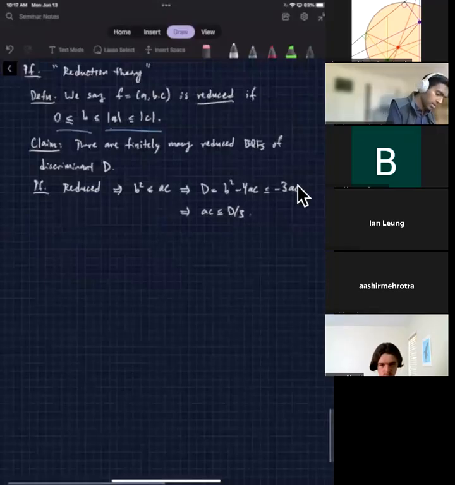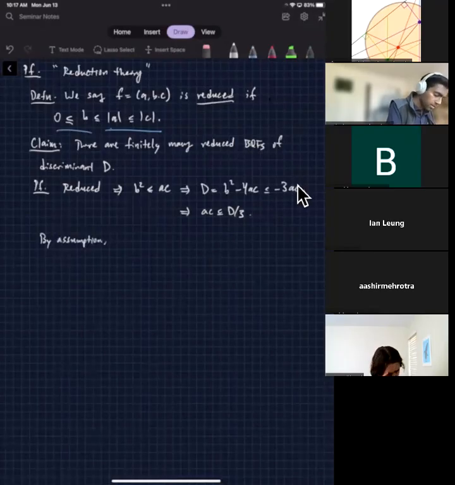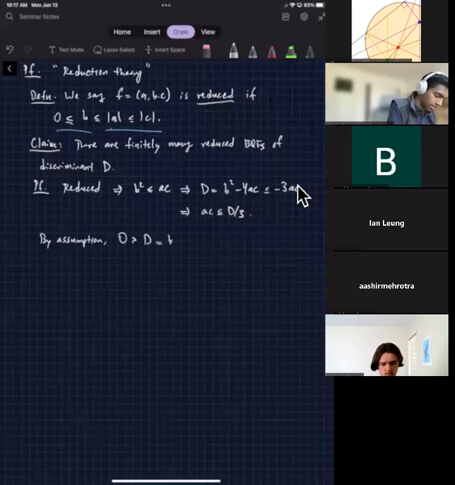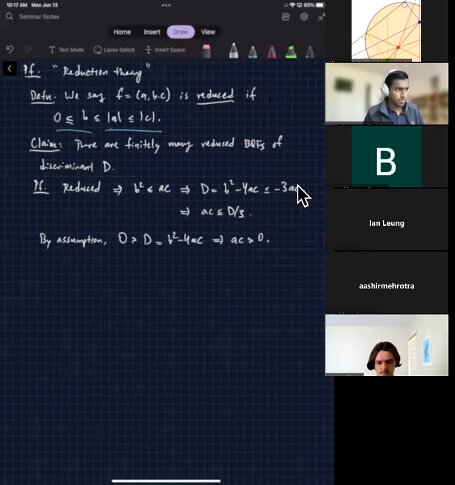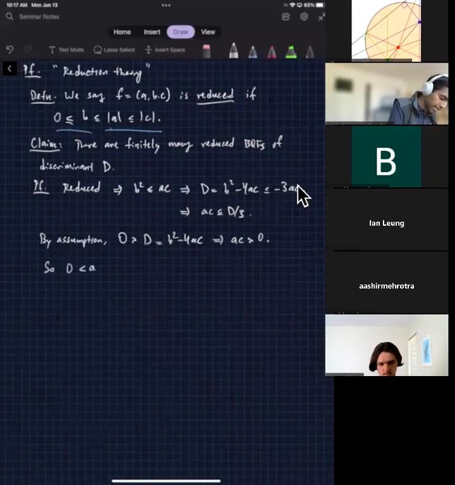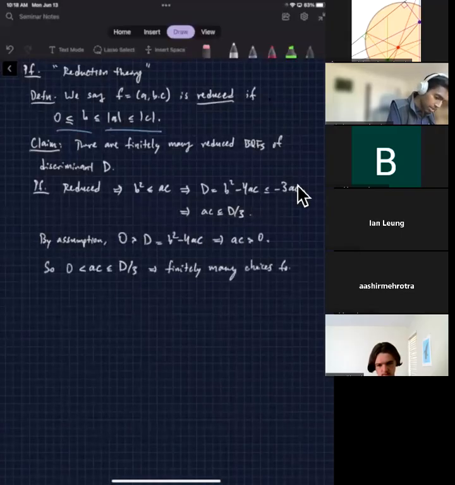Now, by assumption we assumed the discriminant was negative, so 0 is greater than D, and that's of course B squared minus 4AC. So that implies that AC is greater than 0. So we conclude that 0 is less than AC is less than or equal to D over 3, and that means that there are finitely many choices for A and C.